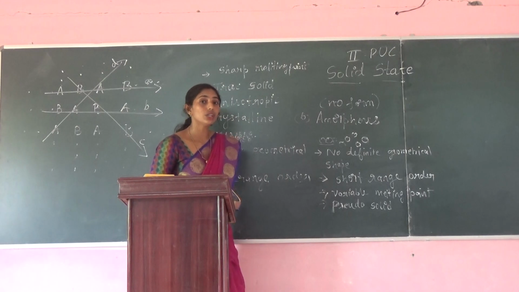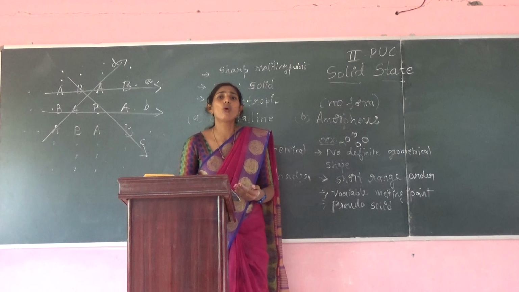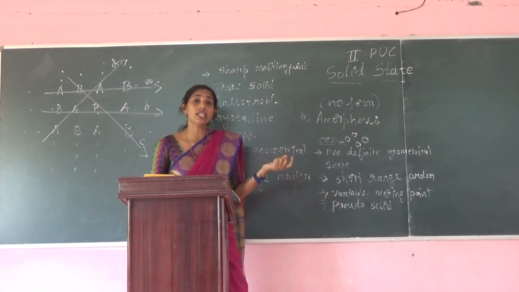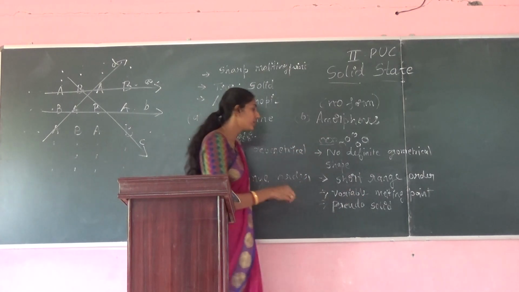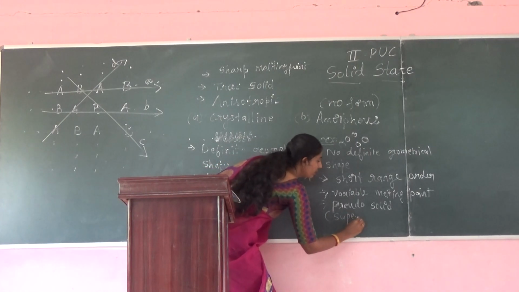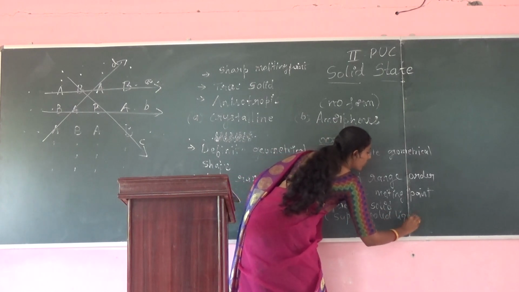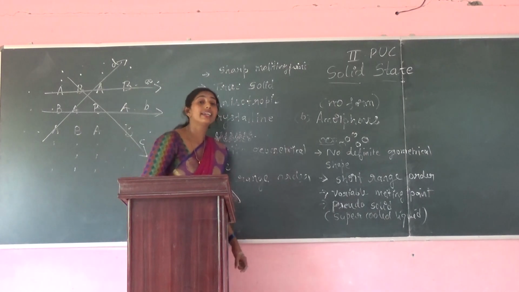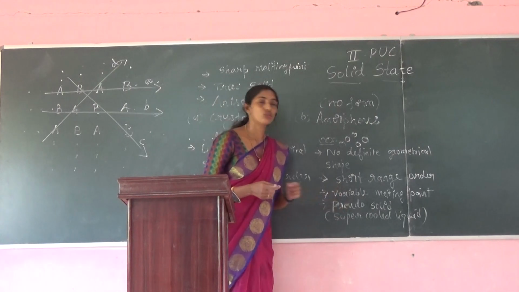At higher temperature, it has a tendency to flow like a liquid. Therefore, it is also called a supercooled liquid. Inside the bracket, I will write that this is also called a supercooled liquid. Because it has a tendency to flow like a liquid at variable temperature, it is called a pseudo-solid.